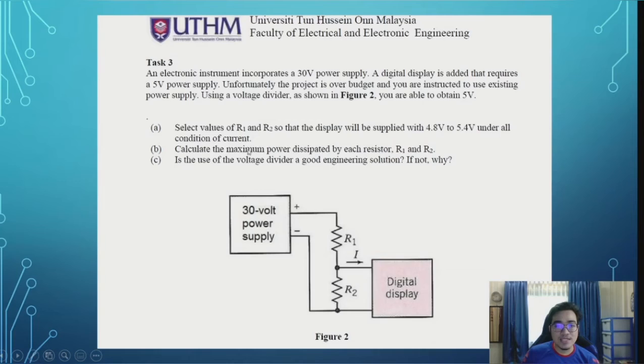B, calculate the maximum power dissipated by each resistor R1 and R2. And question C, is the use of the voltage divider a good engineering solution? If not, why? And this is the figure for task 3. The input is the 13 volt power supply and the output is a digital display.